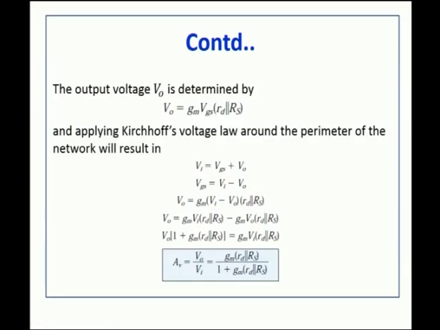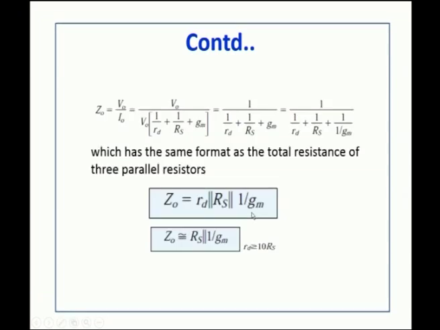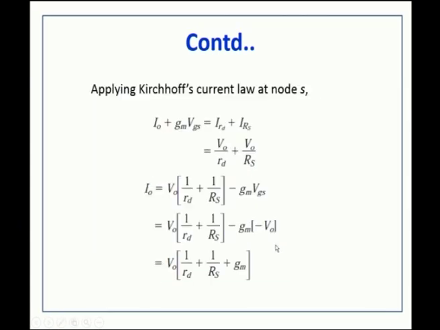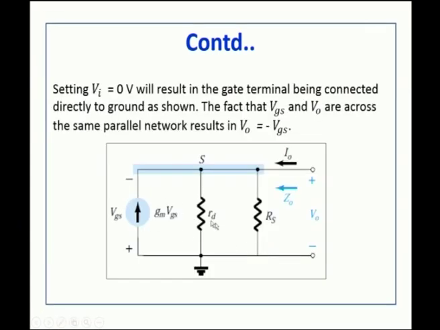For the voltage gain, the output voltage VO is determined by VO equal to GM VGS into RD parallel RS. This is the output voltage. Apply KVL around the circuit, that is the perimeter of the network.